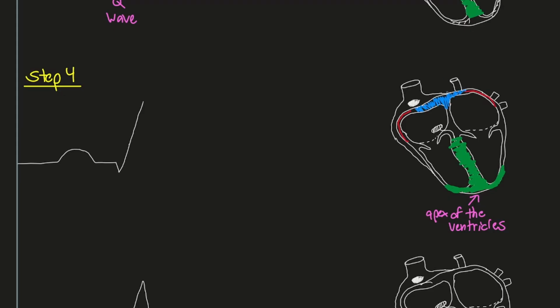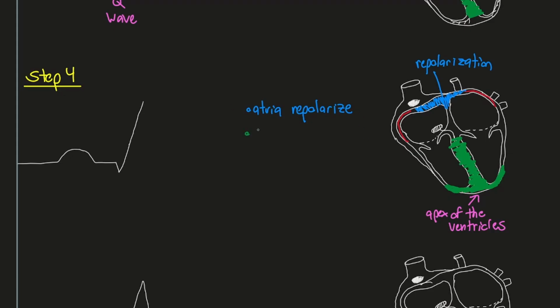Here's our repolarization, and I'll label it. Again, remembering that green is depolarization. What we can write on the side here to put in words is that our atria repolarize.